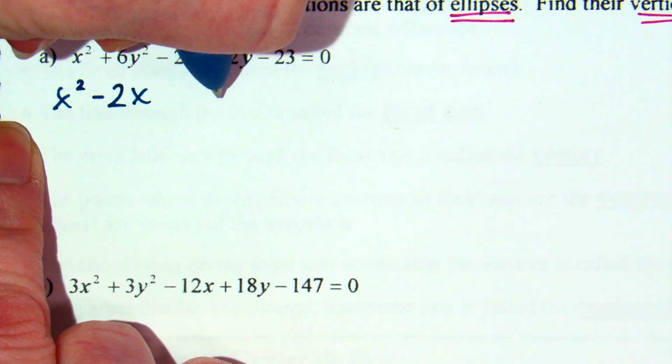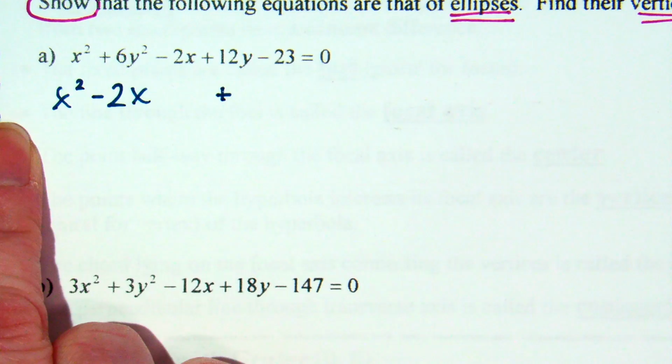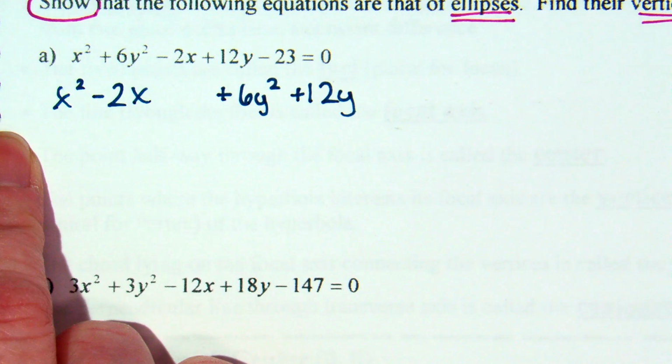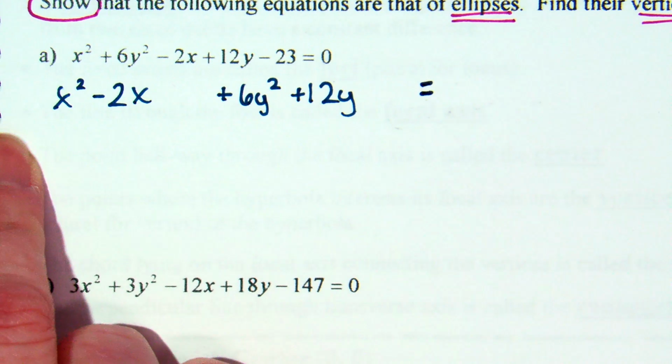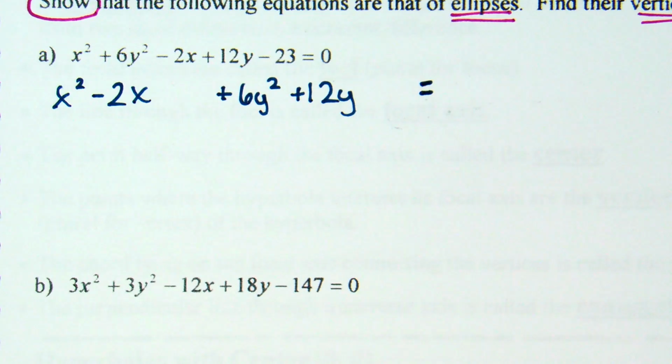Then I'm going to gather my y's together. My y's, I have plus 6y squared and plus 12y. I'm going to leave a gap. I'm going to put equals. Do I have any constants that need to move to the right?